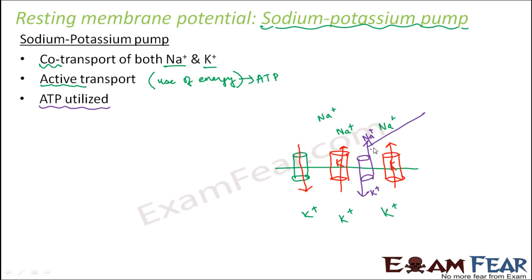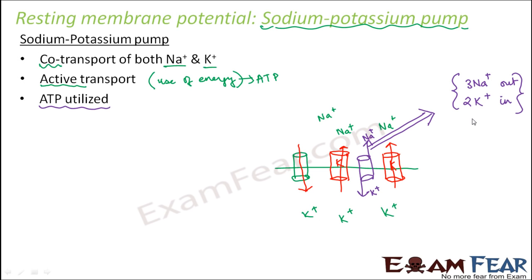The net result of this sodium-potassium pump is that for every 3 sodium ions being sent out, there are 2 potassium ions which are sent in. So that means more sodium ions are sent out and less potassium ions are pushed in.